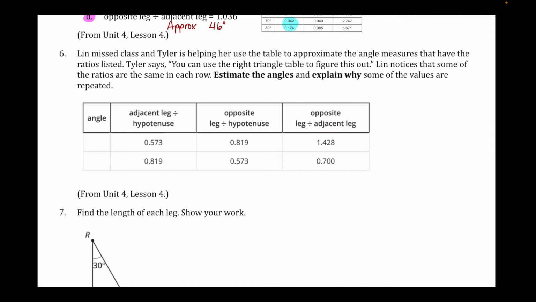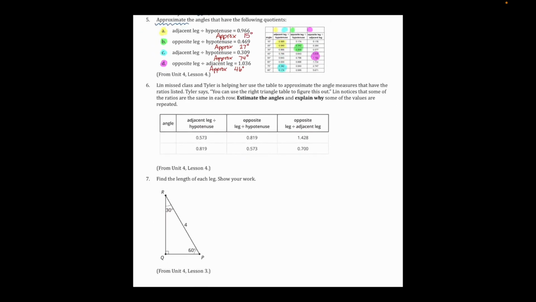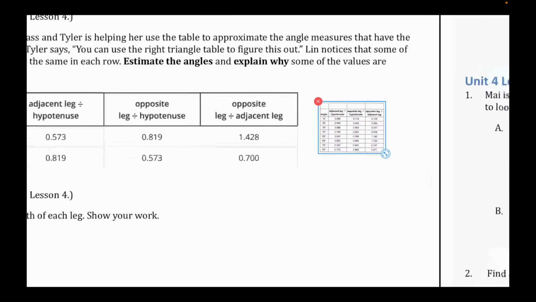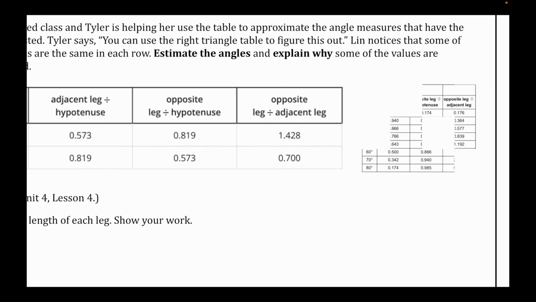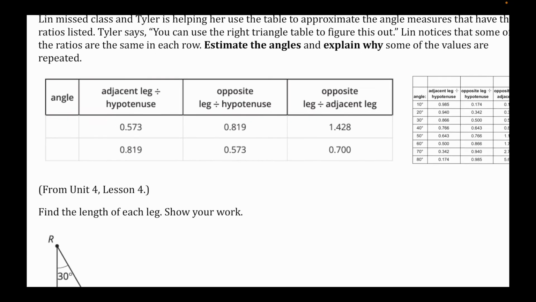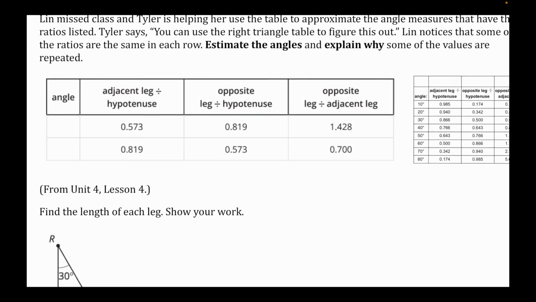So let's go back to our handy dandy little chart for this one. It's not going to be so little when I first put it in here, but we'll make it littler and maybe stick it right off to the side. So using our chart, 0.573. We're going to start here.